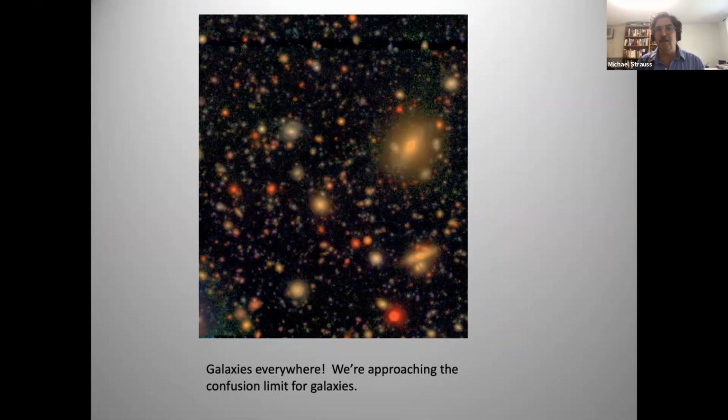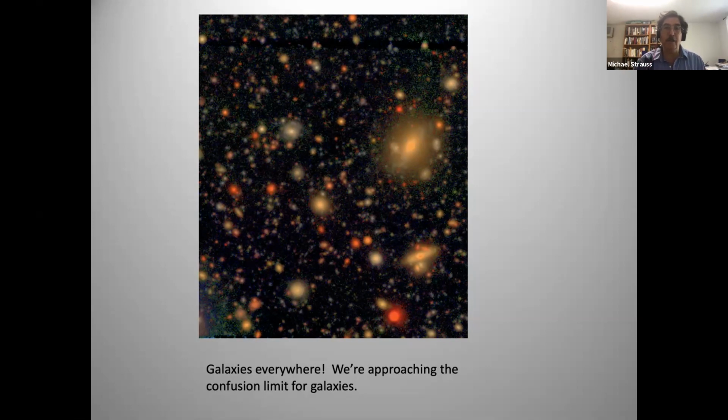And in some sense, we're approaching the confusion limit for galaxies. Those of you who heard Fedstock in the session this morning, she stressed just how deep these data go, and the challenge of overlap of images, and that LSST is going to be like this over 20,000 square degrees. We're going to get some sense of the challenge that we face.